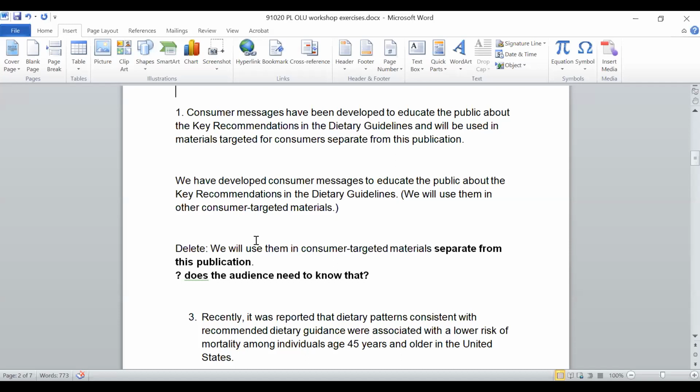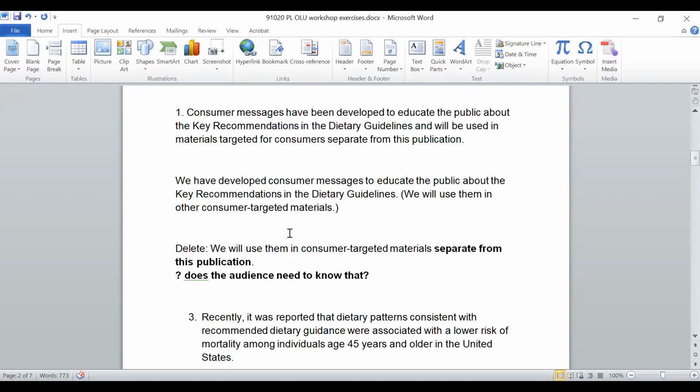I think it's two different things. There are key recommendations from the dietary guidelines, and they've produced consumer messages to teach the public about those key recommendations. You know, again, these are exercise questions for a reason.